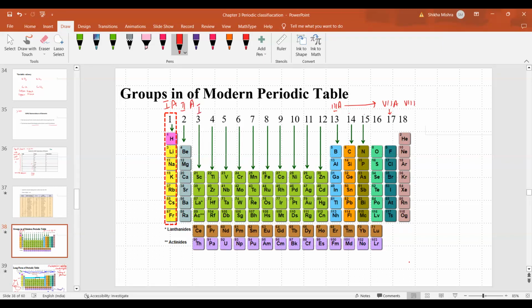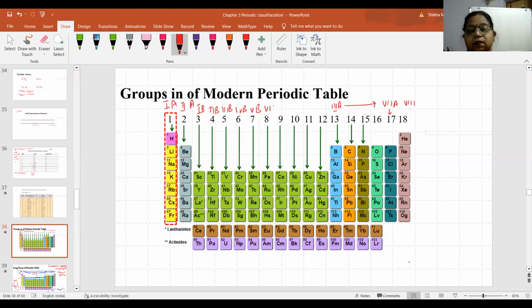Yes, ma'am. Okay. And the groups in the center, from 1B, this is 1B, this is 2B, this is 3B, 4B, 5B, 6B, 7B, and then 10, 11, and 12. They are collectively called group 8B.